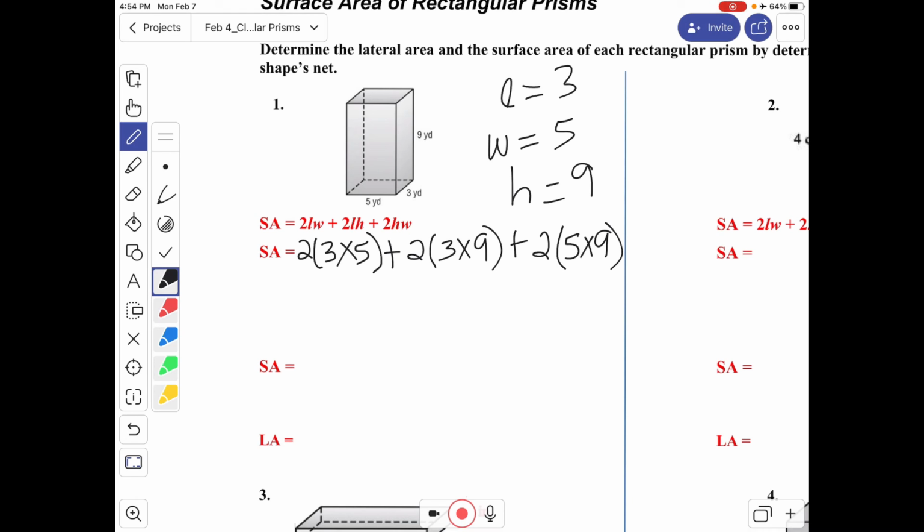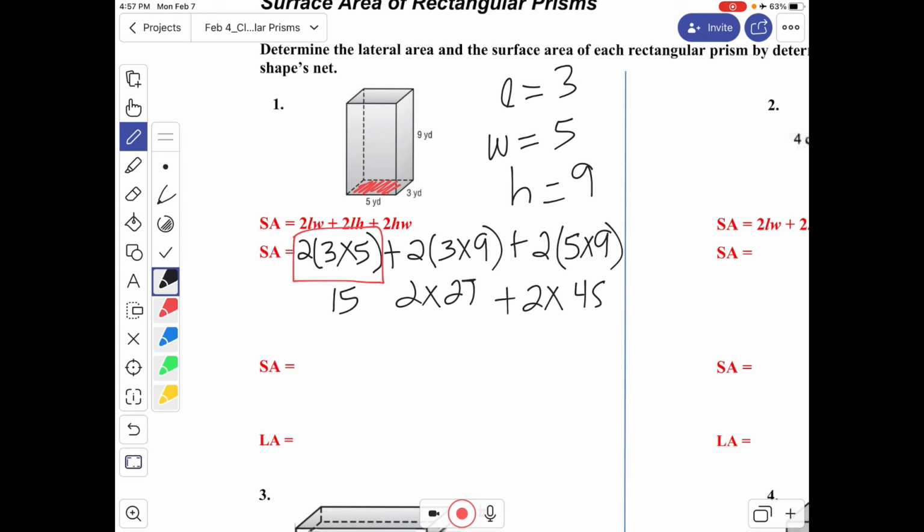Lateral area means that we need to leave off the top and the bottom. Sometimes it's hard to tell which is top and bottom that you're supposed to leave off, so I'm going to tell you it's this part right here. So you need to leave off this one. If you work it out, 3 times 9 is 27 times 2 plus 5 times 9 is 45 times 2.